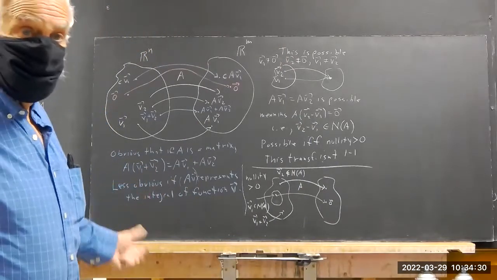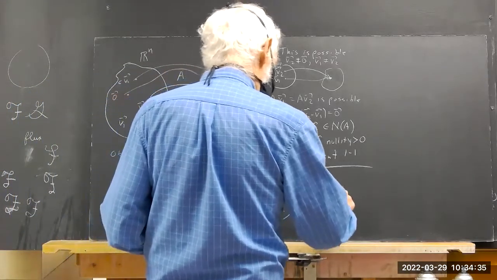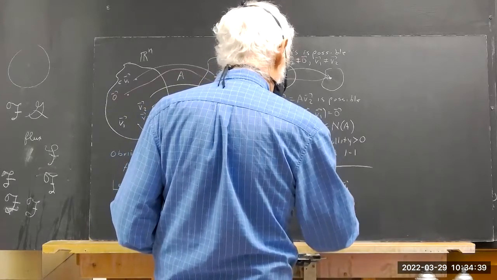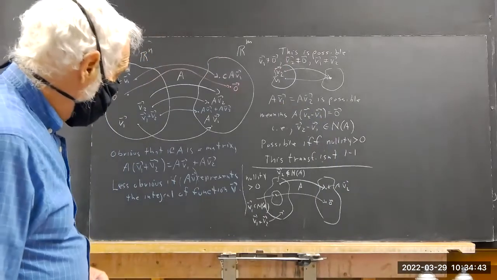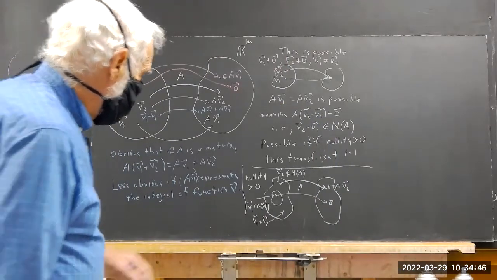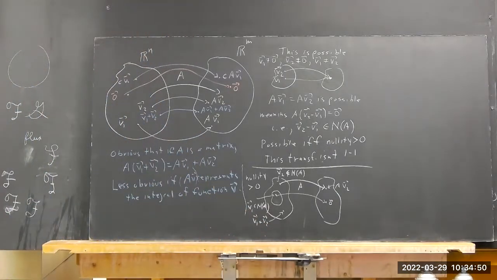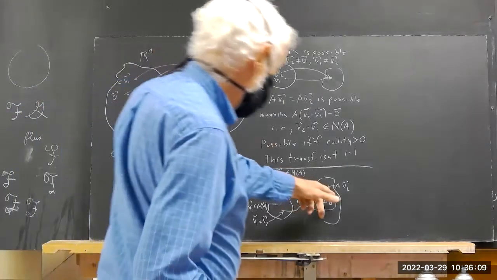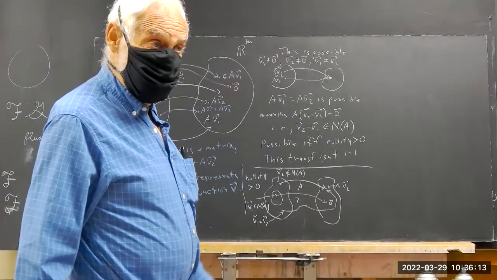Because it's in the null space. That's what a null space is. V2 maps to AV2. What does V1 plus V2 map to? I'm going to ask you to think about that for a minute. Very quickly got a very good answer. It maps to AV2. Why is that?